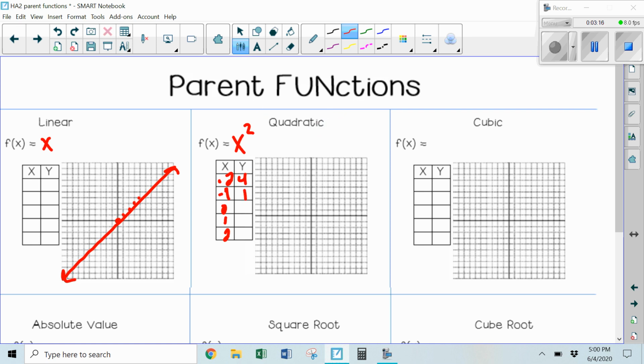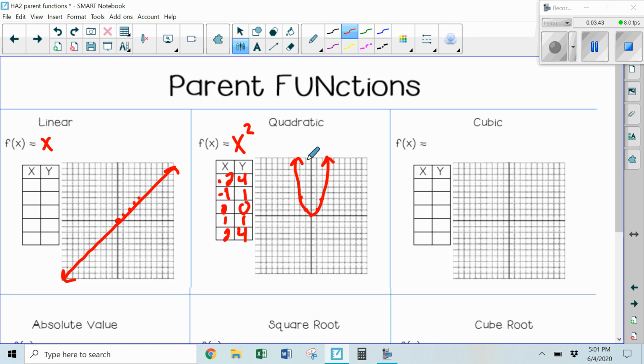What's 0 squared? 1 squared. 2 squared. Plot those points, and connect them. Again, if you know what the quadratic function looks like, the parent function, you don't have to make the table. That's just in case you forget.